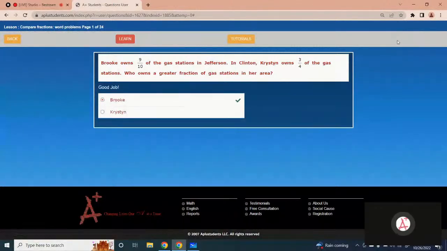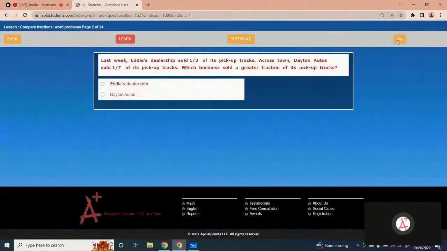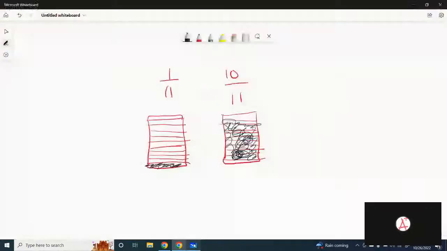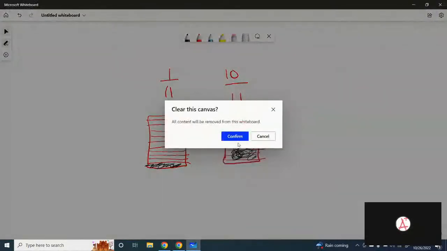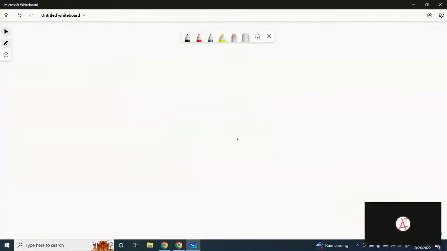You can make 9 by 10 and 3 by 4 and then see which one is greater. Let me make 9 by 10 and 3 by 4. Okay, 9 of them are colored.